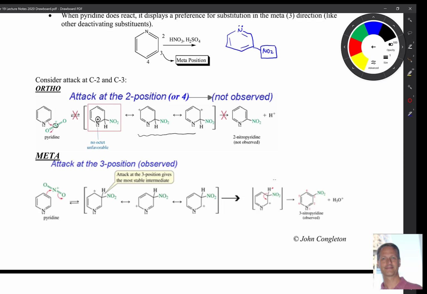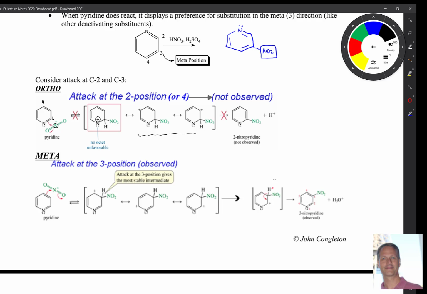This happens when we attack at this 2 position, but it also happens when we attack at the 4 position. Remember from chapter 17 that ortho and para, other than where things are substituted, generate the same types of resonance structures, so they have the same issues with the positive charges on the corresponding atoms in that ring.